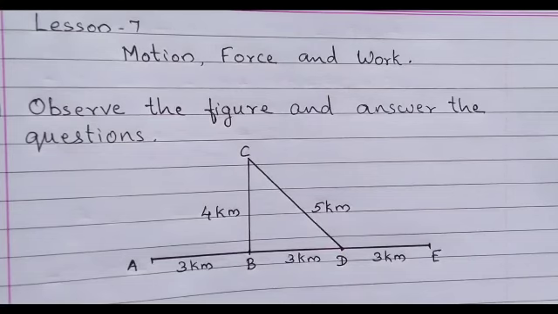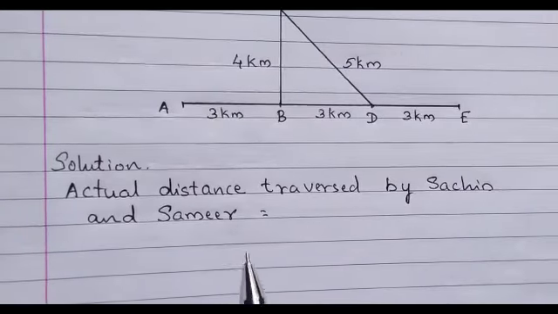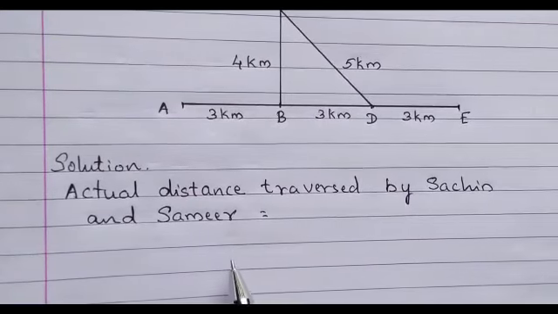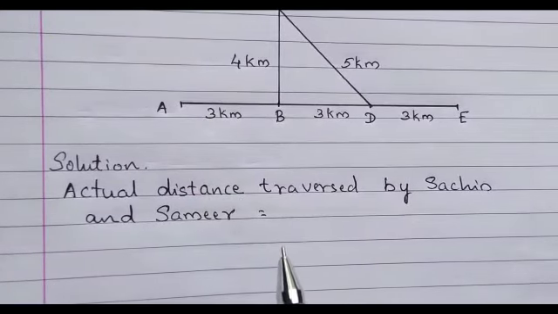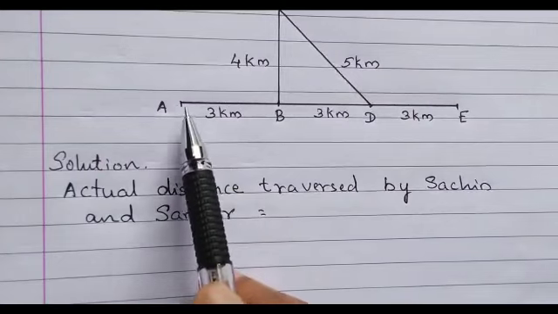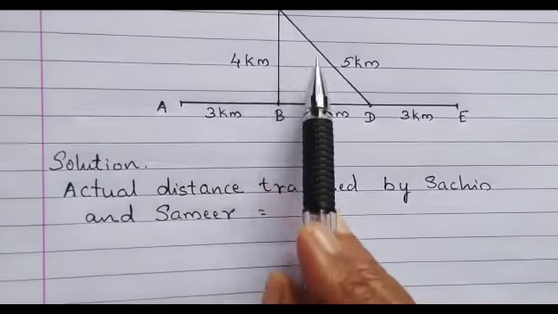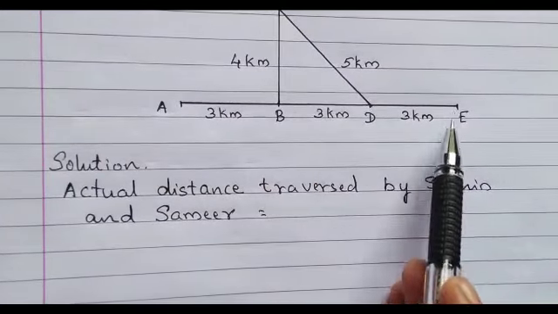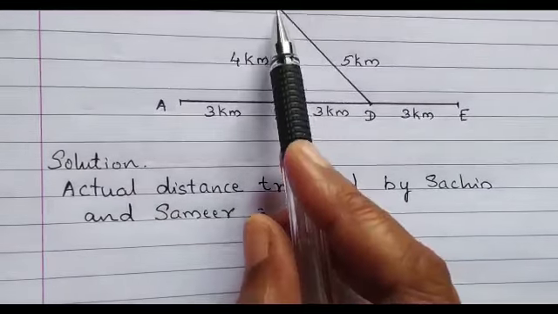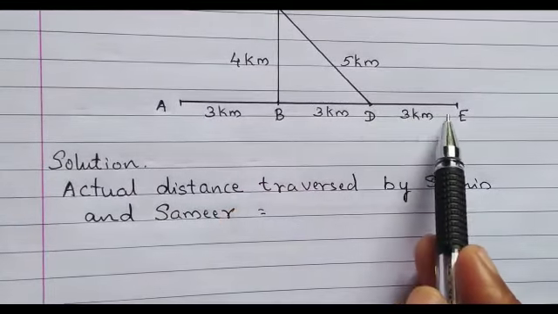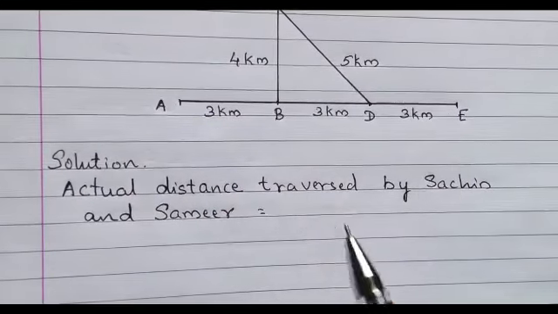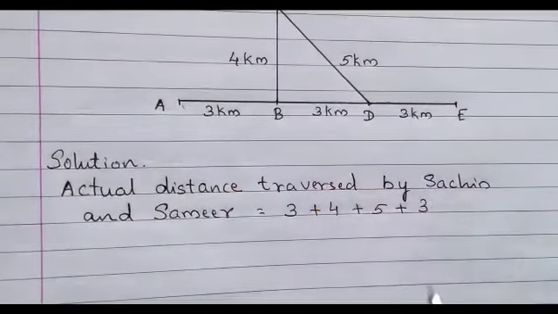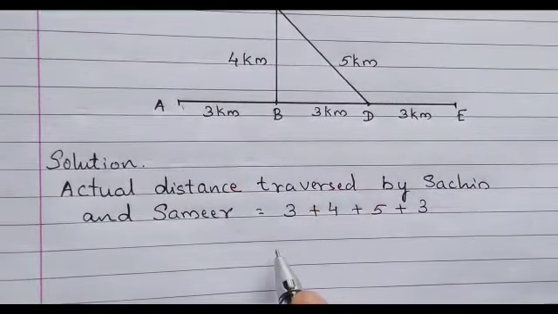The question is to calculate the speed and the velocity. To find the speed, we need to know the actual distance travelled. So what's the actual distance travelled? Yes, it will be the sum of the distances travelled, that is AB plus BC plus CD plus DE. So let's add all the distances, you will get the total distance travelled.